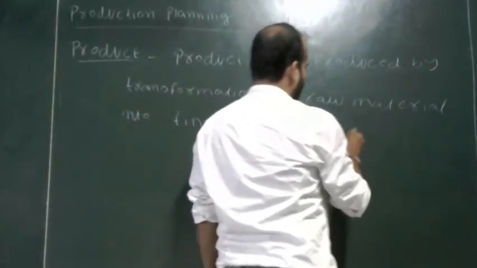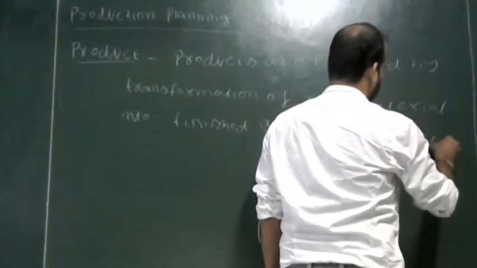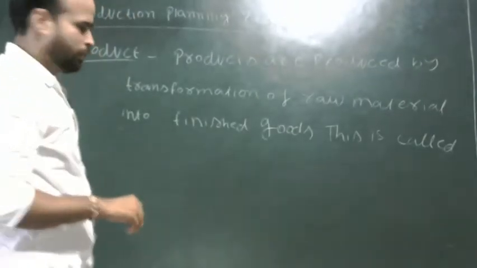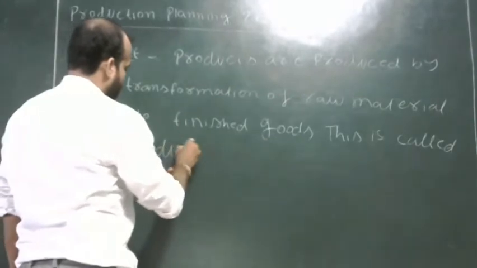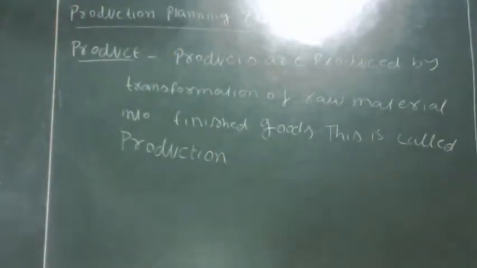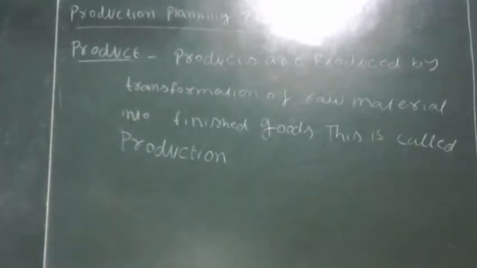This is called production. Okay, this is called production. I am repeating again. Products are produced by transformation of raw material into finished goods. This is called production. What does planning mean?